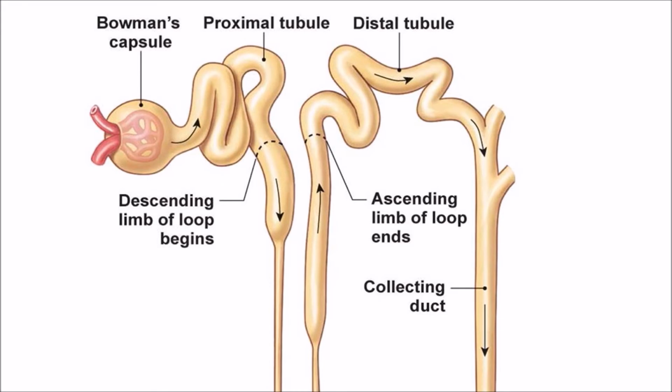So we're in the distal convoluted tubule now, and we get more reabsorption of calcium, sodium, and all the stuff that your body didn't really want to lose in the first place. Water will follow. We get some more reabsorption of water. We're talking about glucose, water, ions, amino acids, all the things your body didn't want to lose in the first place.